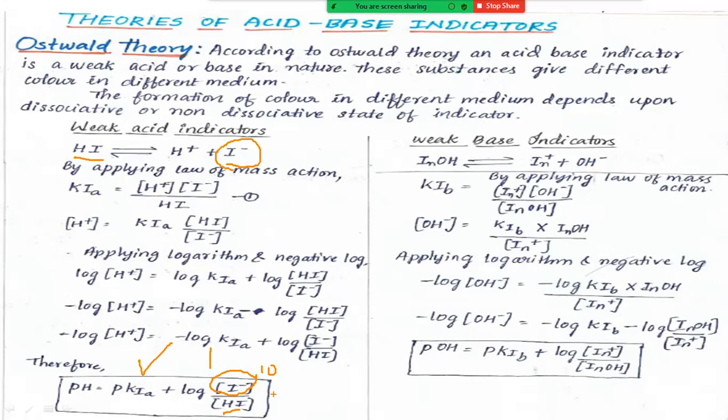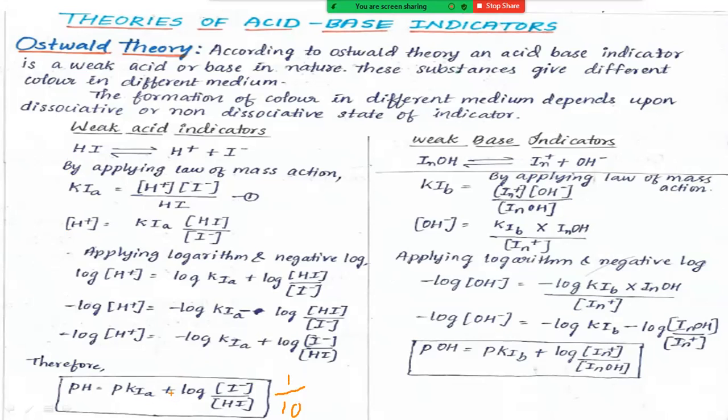For example, if you take 10 times more concentration of HI than I minus, then the denominator will be 10 and the numerator will be 1. When we take log of 1 by 10, it gives the value minus 1. At that time we get pH equals pKIA minus 1, right?